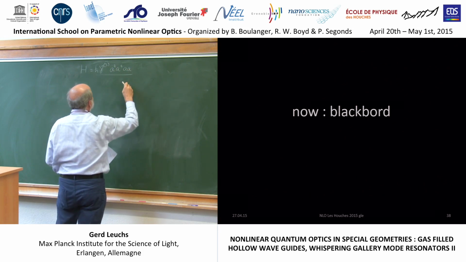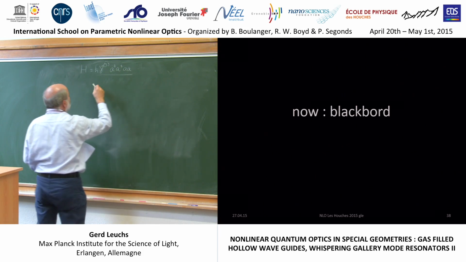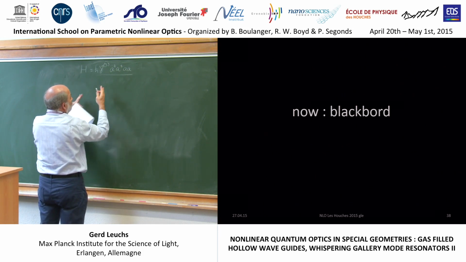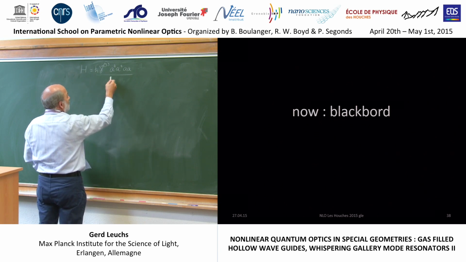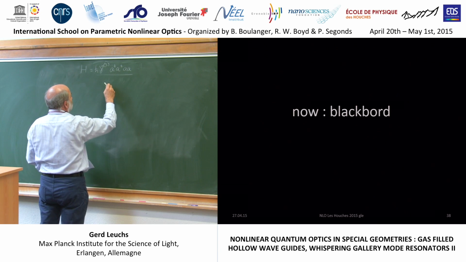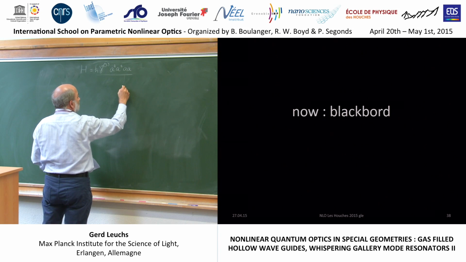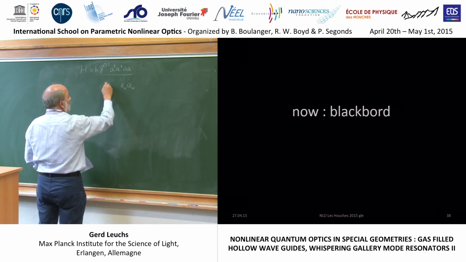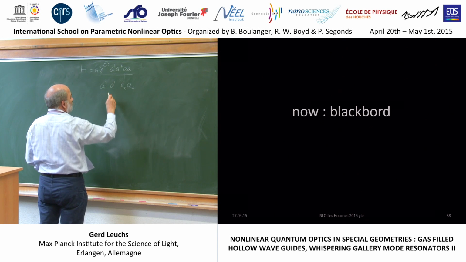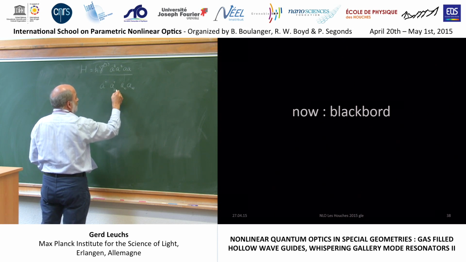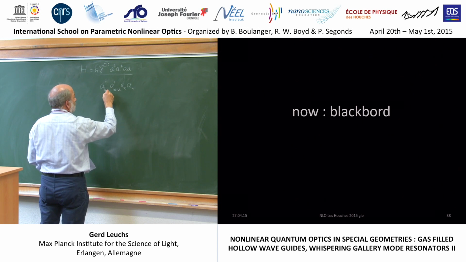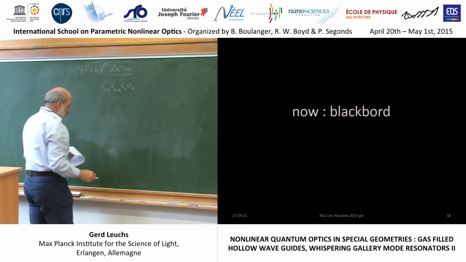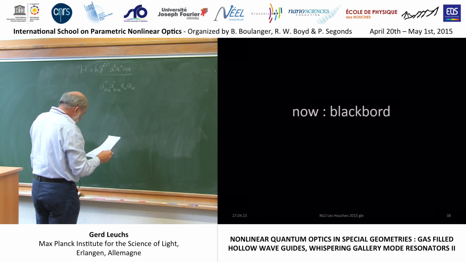This is this degenerate case. But I told you, especially if these pulses are very short, they have a certain spectral width, you can also allow these to be slightly different. So you can annihilate two photons at frequency omega, a omega, and then you create photons, and in order to conserve energy, you have to create them at omega plus delta and at omega minus delta.